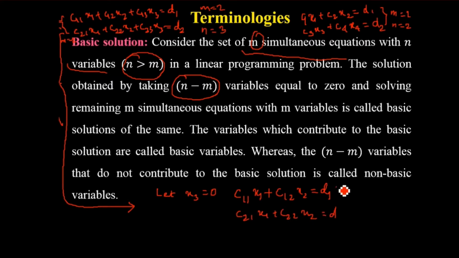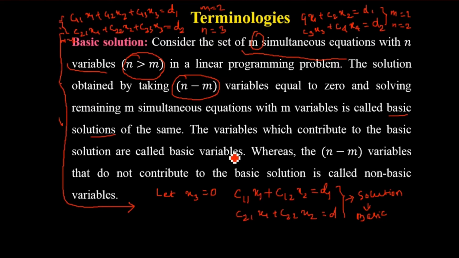So this is a system of equations. Now whatever is the solution of this system, that solution is called the basic solution. You see here it is written basic solution.